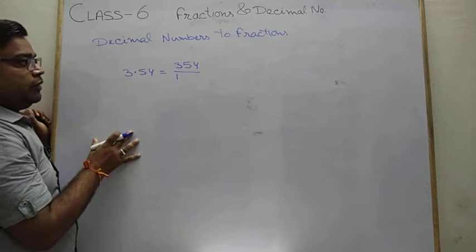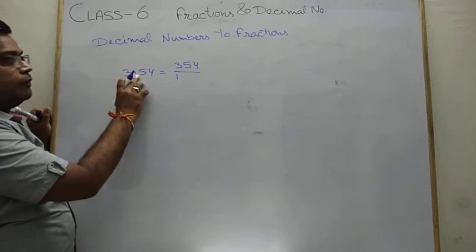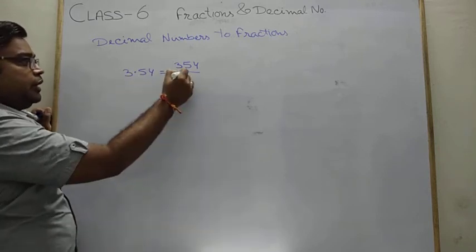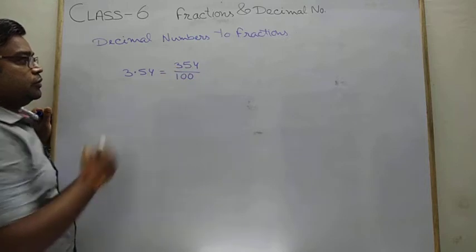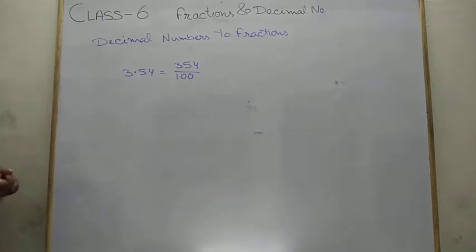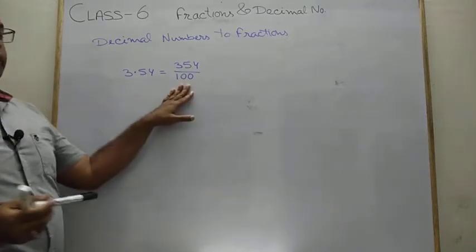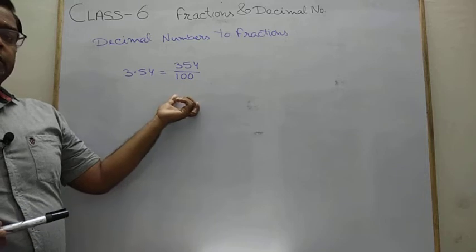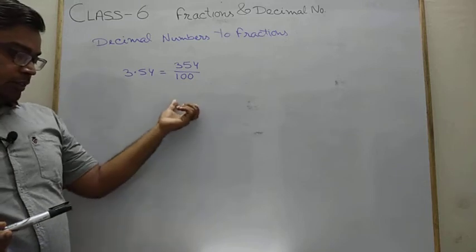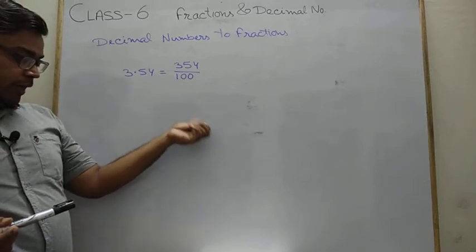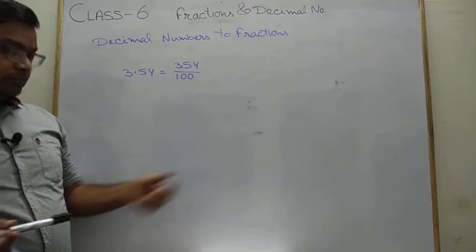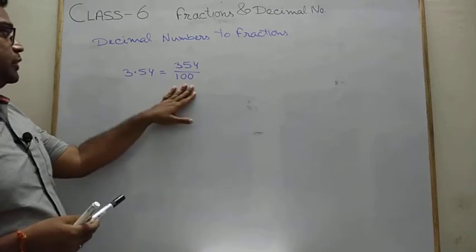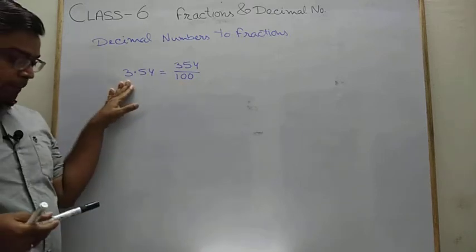In the denominator we write 1, then count the digits after the decimal. There are 2 digits, so we write 2 zeros. Clear? This is the first step of conversion. Then if possible you can simplify this, or otherwise leave it as it is. This is the decimal fraction of this decimal number.